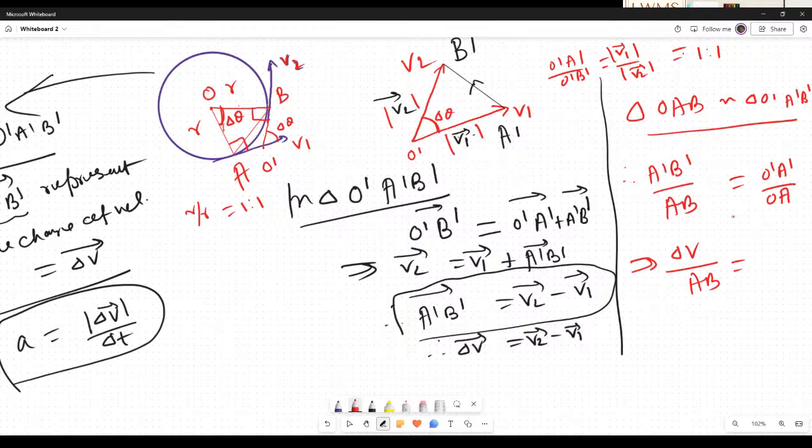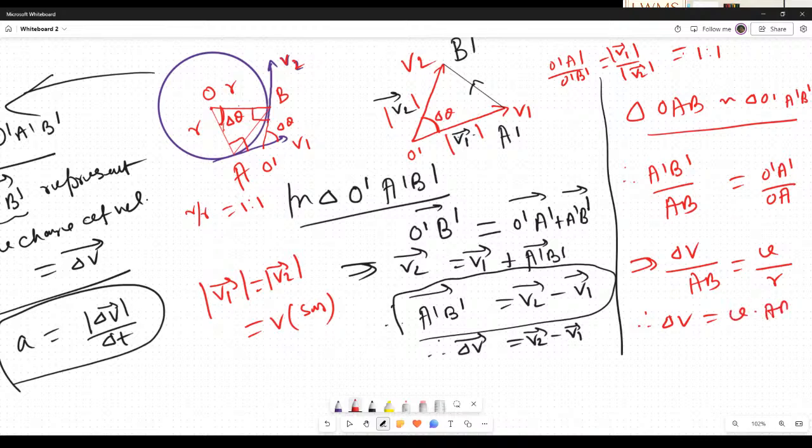O dash A dash is what? Mod V1, I mean V, by OA, that is R. We have taken mod V1, mod V2 equal to V, because magnitude is the same. Therefore, delta V equal to V into AB by R. Am I correct? Clear? Yes.